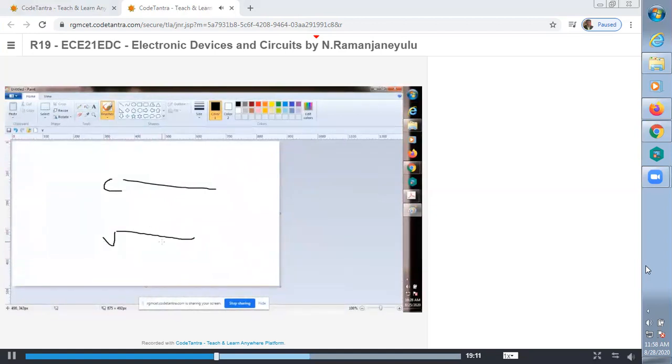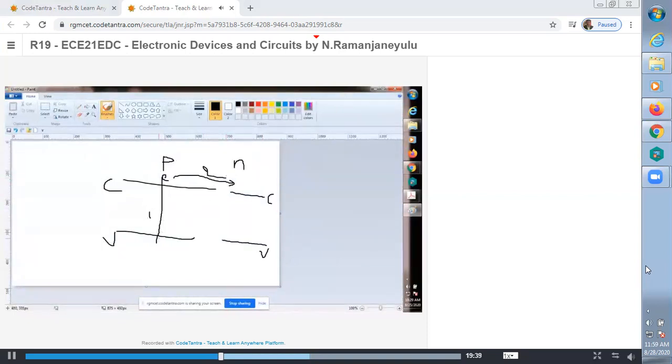An electron moves from the P side valency band to the conduction band. Now this electron moves into the N side conduction band. This is the N side conduction band, and this is the N side valency band. This is the first step, and this is the second step.